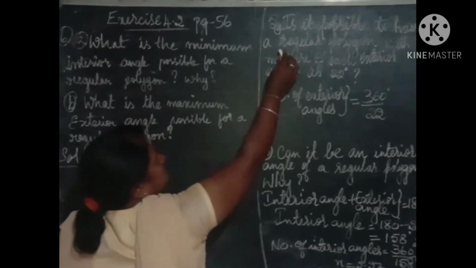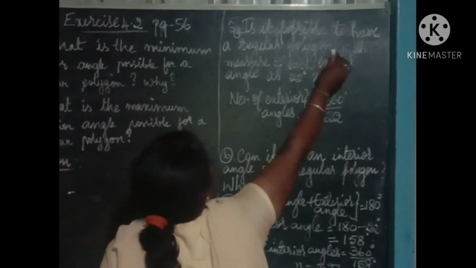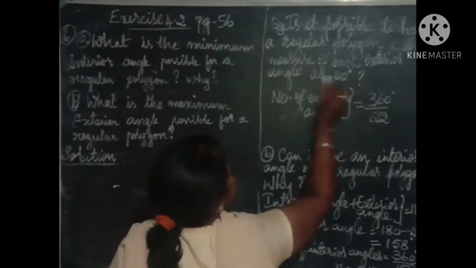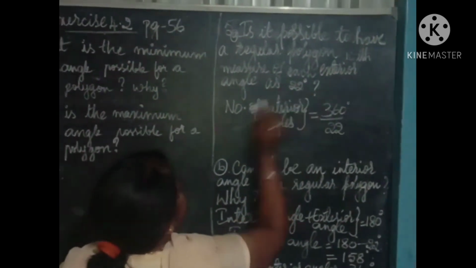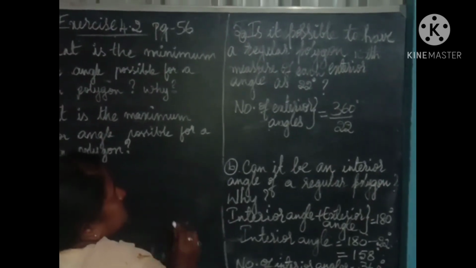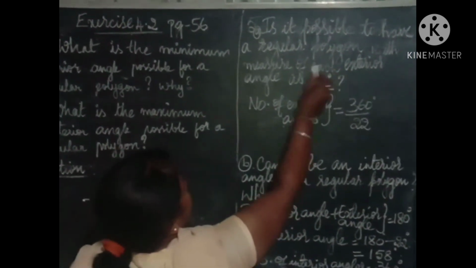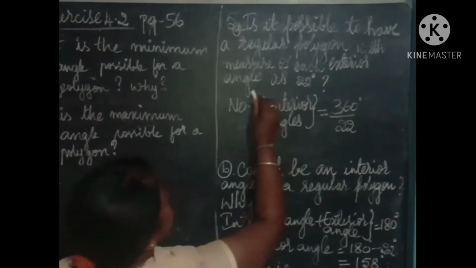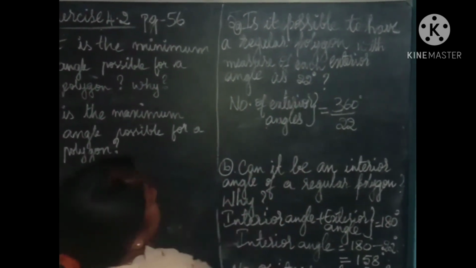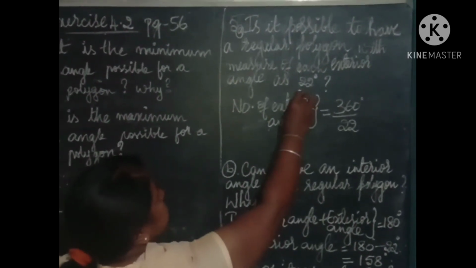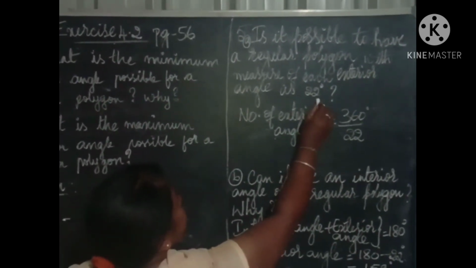Fifth question. Is it possible to have a regular polygon with the measure of each exterior angle as 22 degree? Each exterior angle is 22 degree, and that we have to find out.